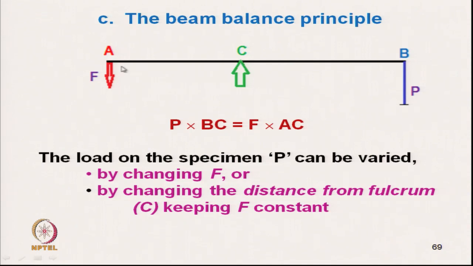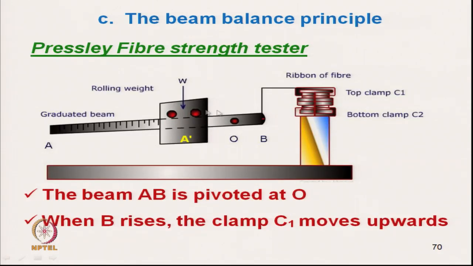So, AC is the indicator of the force applied on the fiber. That is why this beam is gauged, and this distance is gauged directly in terms of the breaking load value.